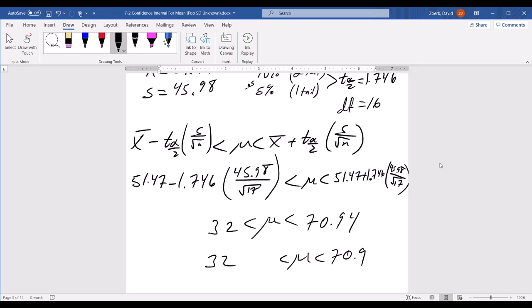And this was talking about the approximate costs, so I'll need to put a dollar sign on these. So it'll be from $32 to $70.94.